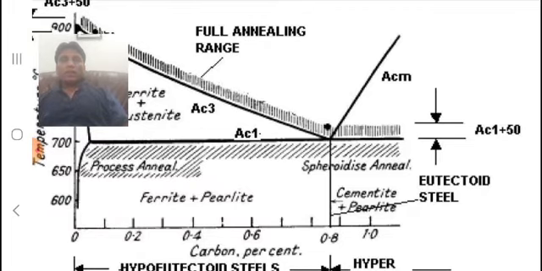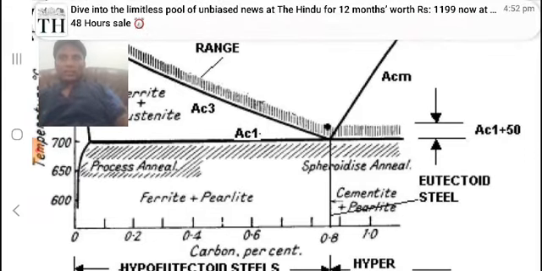So the main purpose of spheroidized annealing is to convert the cementite network into small carbon spheroids. Thus, the brittleness is reduced. Whereas the process annealing is used for hypoeutectoid steels. In hypoeutectoid steels, we don't have the cementite network.